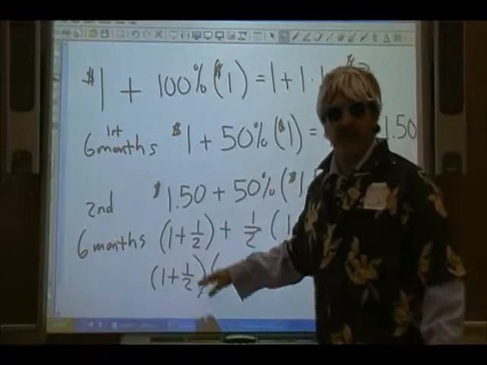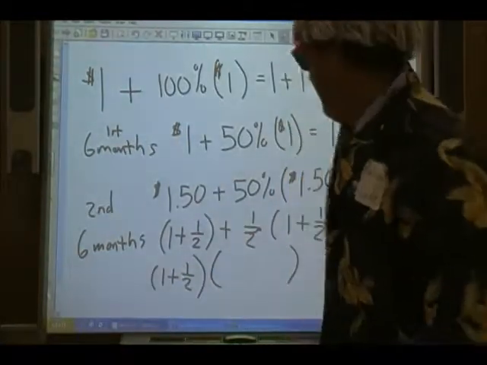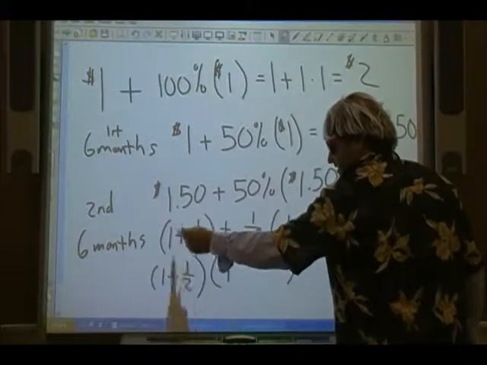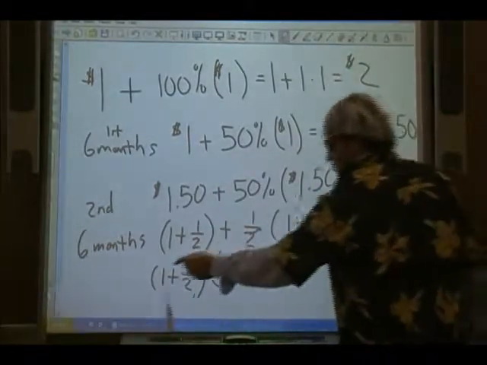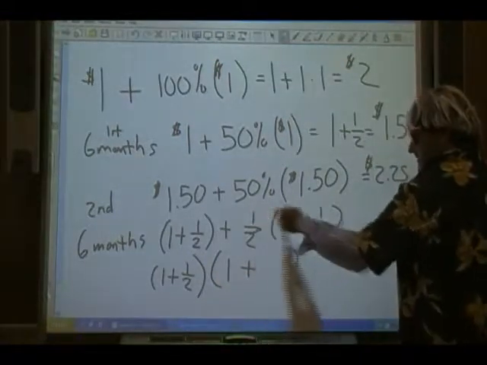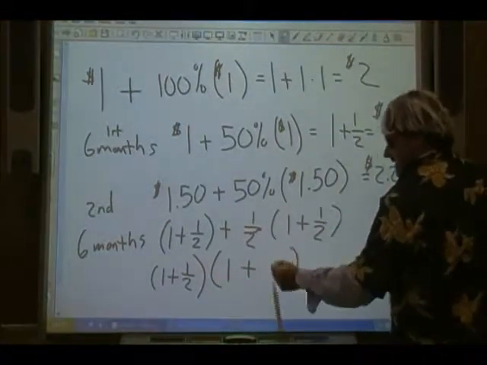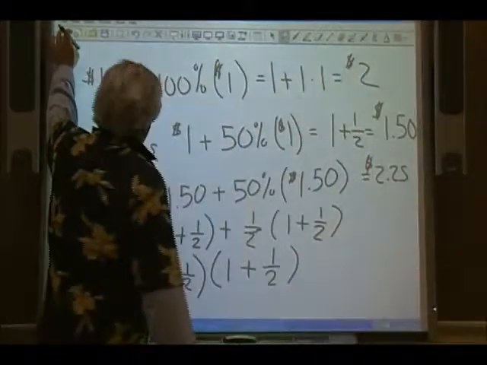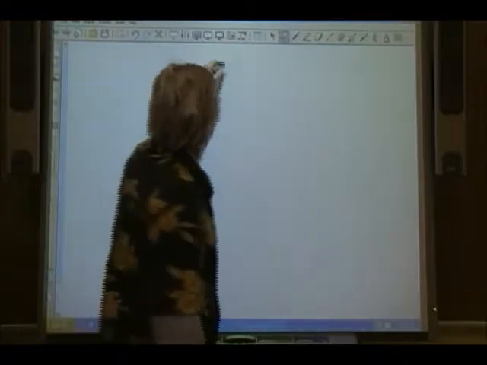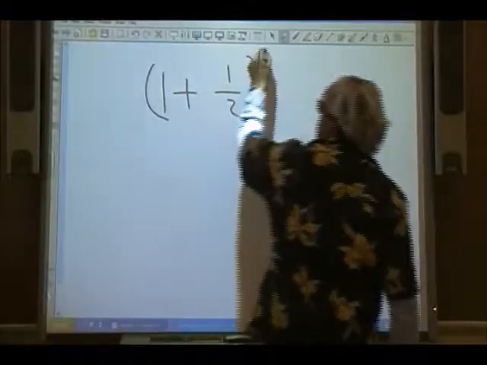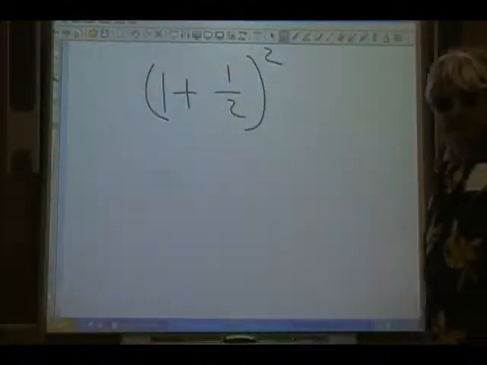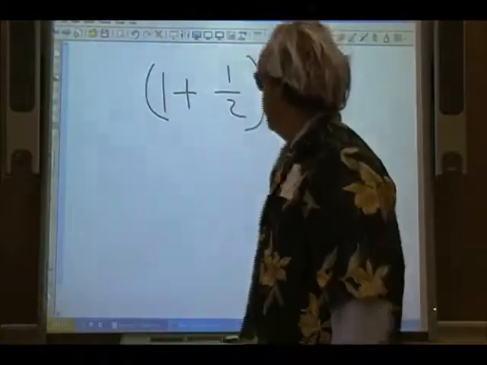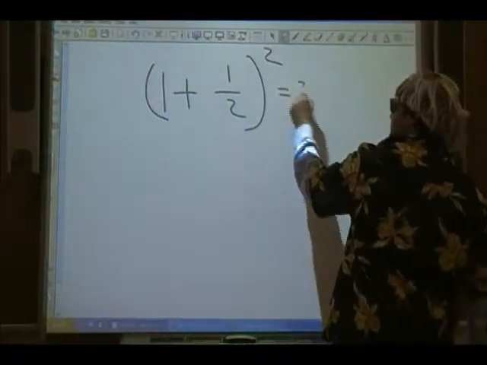Well, 1 plus a half times 1, plus 1 plus a half times a half. So in essence, this is the same as 1 plus 1/2 squared. That's the condensed way of doing this. That gets you your 2.25.